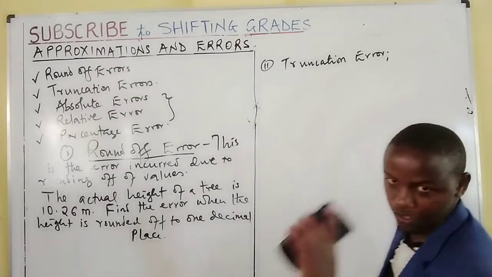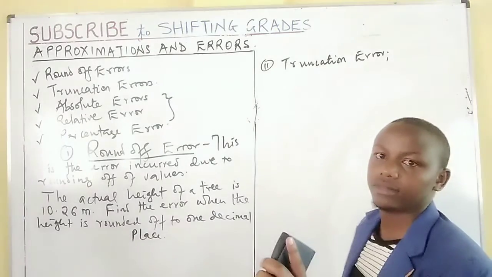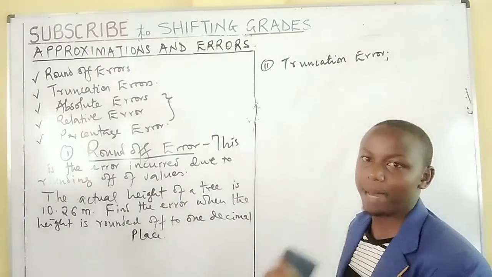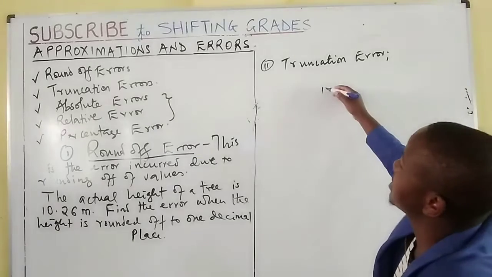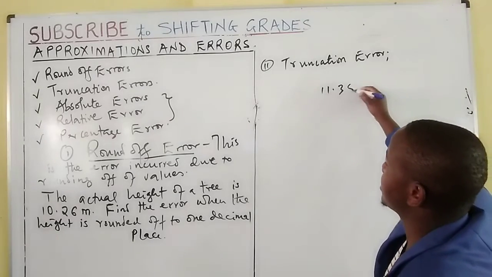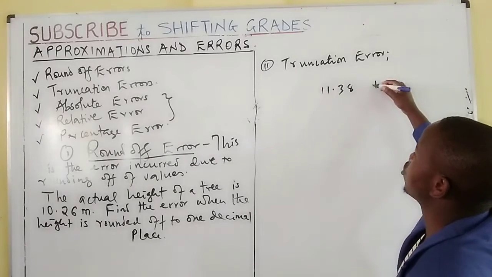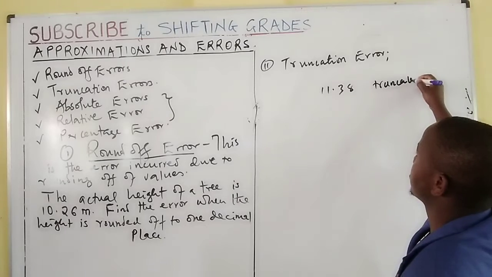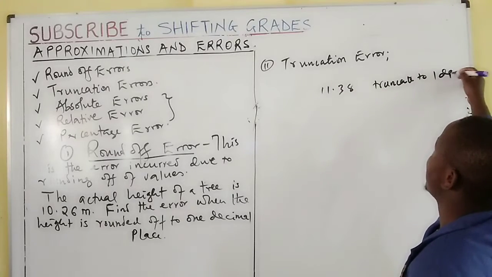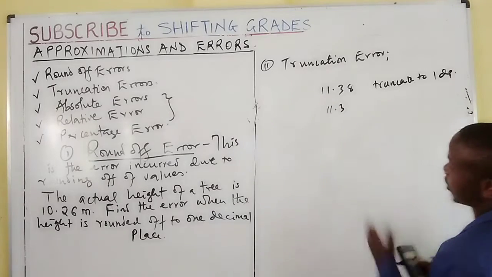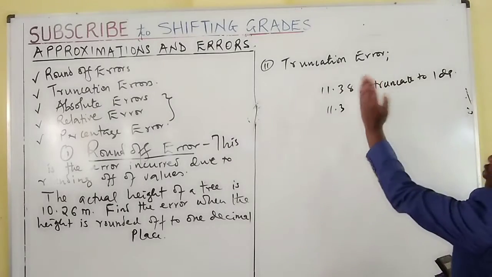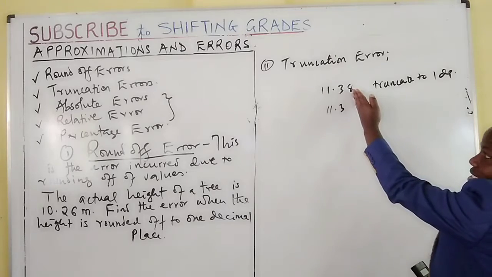It's something close to rounding off, but a bit different. If, for example, you are given 11.38 and you are told to truncate to 1 decimal place, you just write 11.3 after 1 decimal place. You don't consider the value which is on your right.